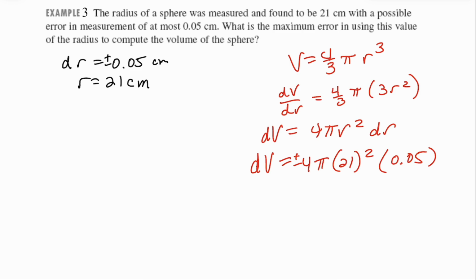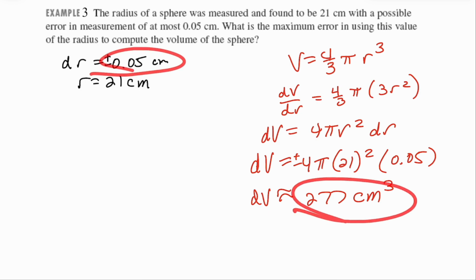If we do the math, it's approximately 277 cubic centimeters. So if the radius is changing by just 5/100ths of a centimeter, the volume can fluctuate by 277 cubic centimeters, which I find interesting, how this small variation can make such a big difference.